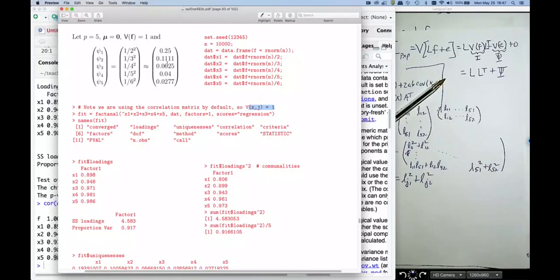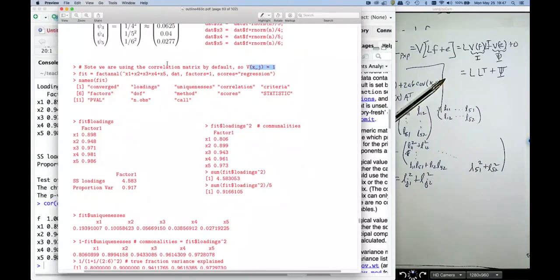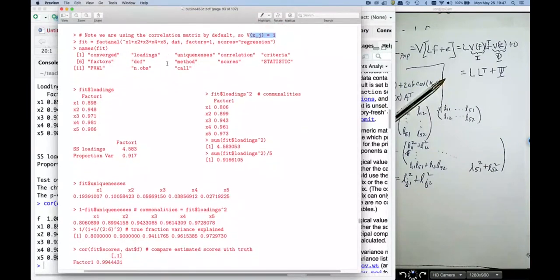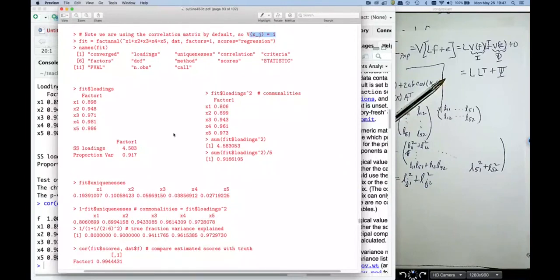Okay, so what we have to do to get back to what we had before is think about these commonalities as being like an R squared. It's not the raw variance. So I am going to take 1 plus the variances. And 1 over 1 plus the variances would be computing the true fraction of variance explained by the data.